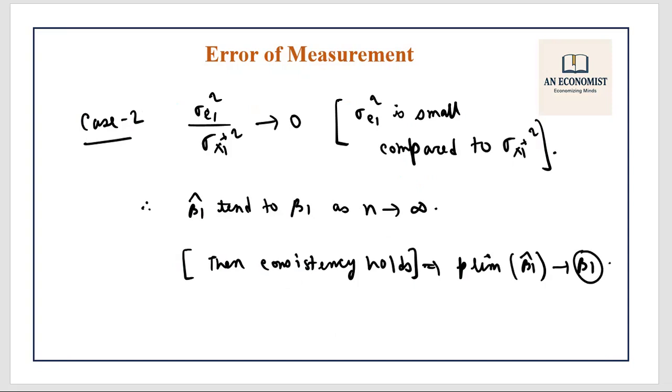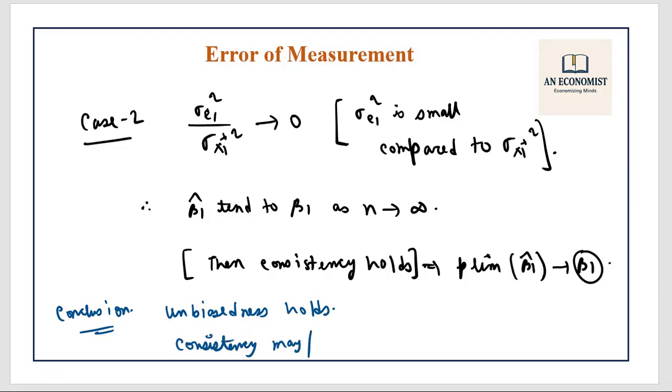So in general, what will be the conclusion? The conclusion is that unbiasedness holds under measurement error in X. Unbiasedness holds in all the situations. The consistency may or may not hold. We have discussed both the cases.